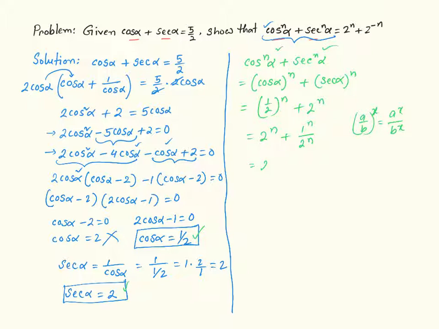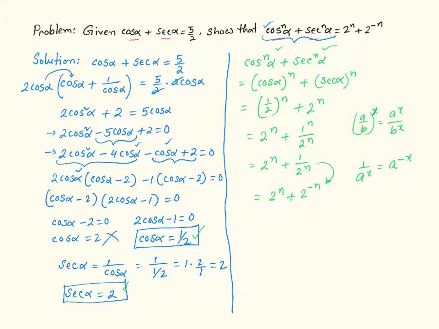So now this is the same as 2 to the power n plus 1 to the power n, which is 1, divided by 2 to the power n, which by the way is the same as 2 to the power n plus 2 to the power negative n. Now remember, in going from here to here, I have used this definition: 1 over a to the power x is the same as a to the power negative x.